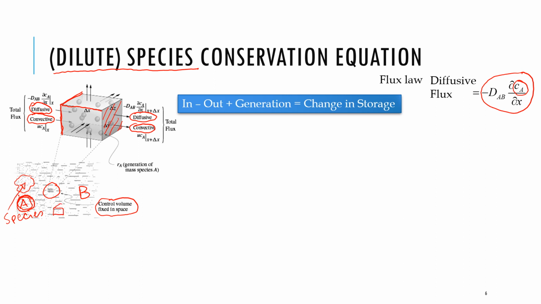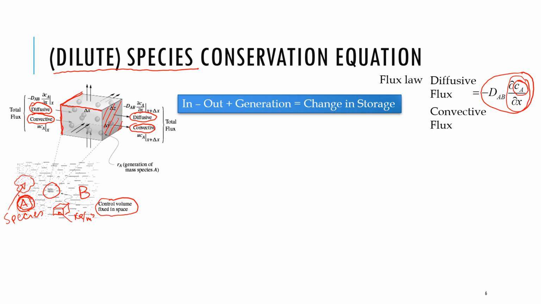So we can think of, for example, kilograms per meter cube. Okay, so concentration units, and x is the position variable. So del Ca del x gives the concentration gradient. So that's the diffusive flux.